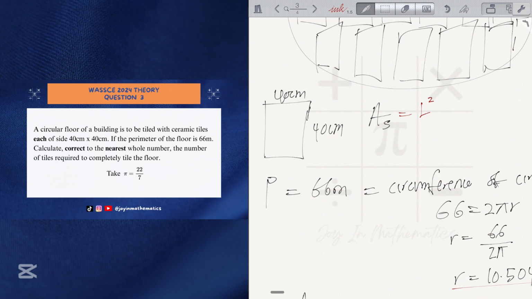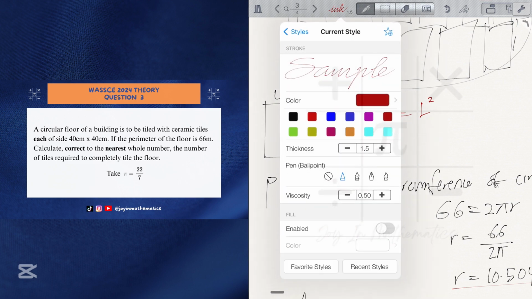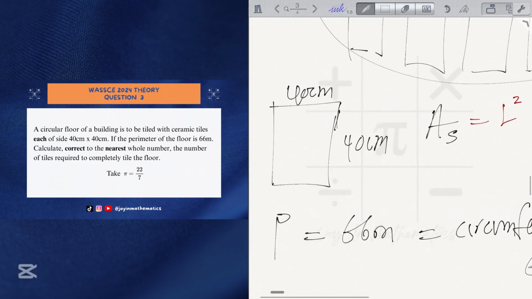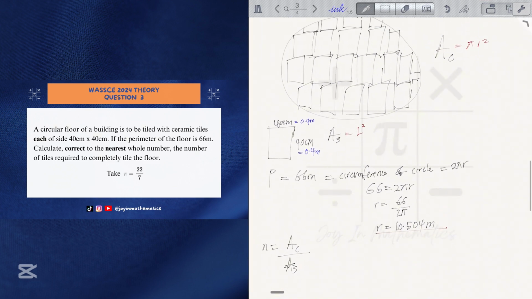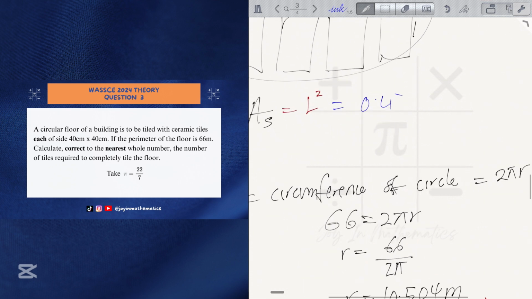So we have to convert this length to meters. 40 centimeters is equal to 0.4 meters, because 100 centimeters is equal to 1 meter. So the area of the square will be 0.4 squared, and this will be 0.16. The unit is meters squared.